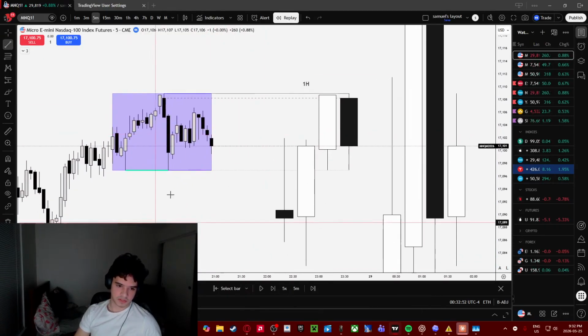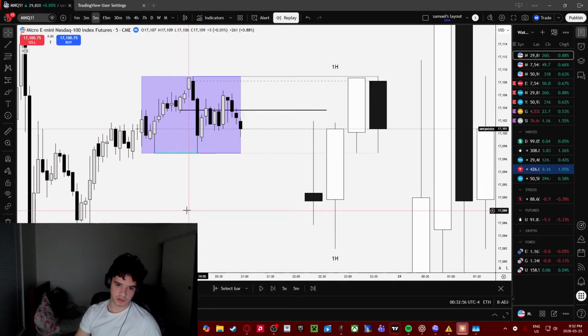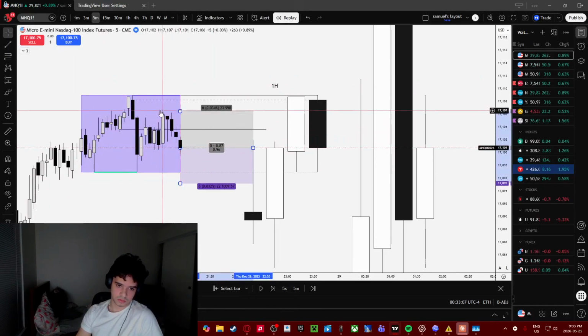So we confirmed this. We see that we have an equal low right here. These are all the targets. Then you see that price went to the point of interest, went here. We have the continuation sequence right here.